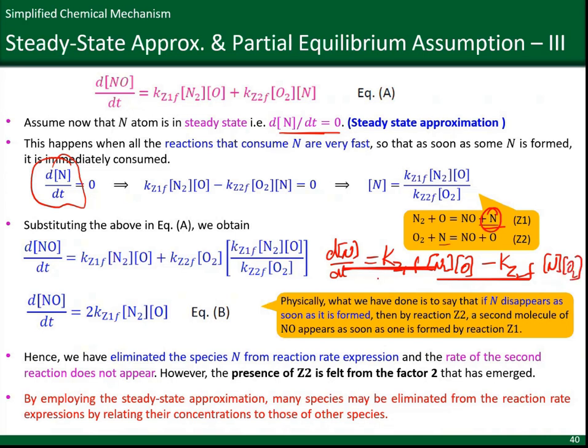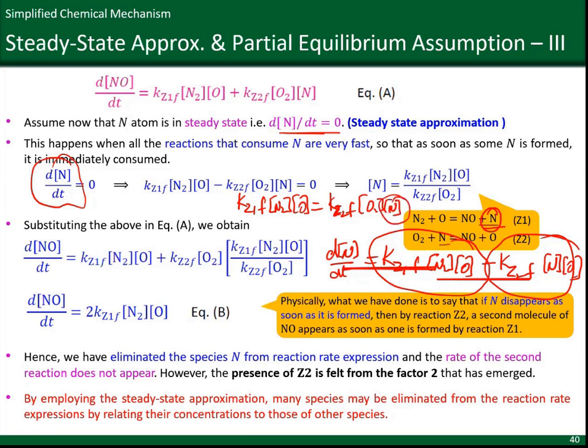But since this forward rate of production is exactly equal to its rate of consumption, we can simply write it as kZ1F times N2 times O is equal to kZ2F times O2 times N.